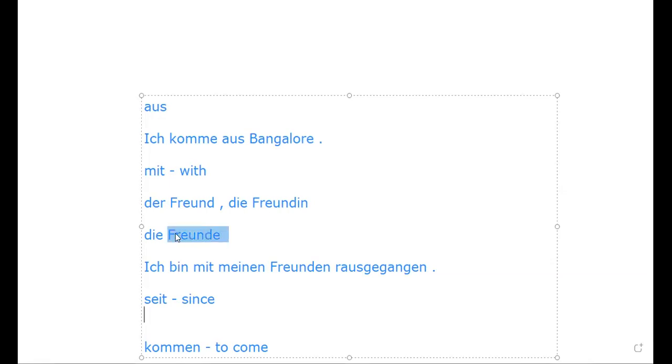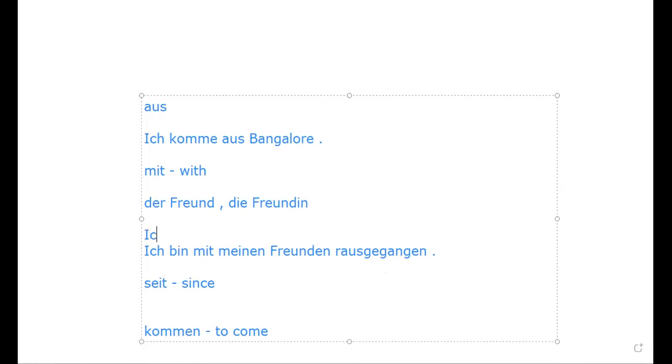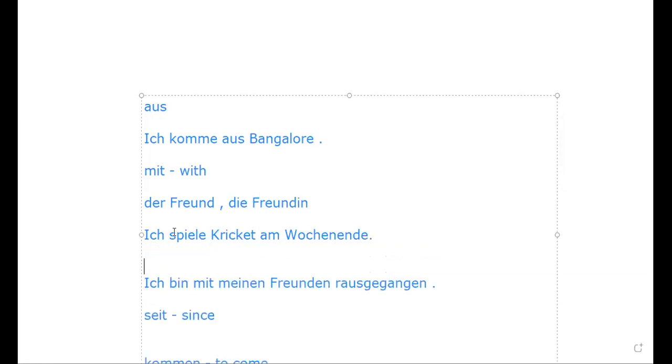Okay, see, I will try to show you. Ich spiele Cricket am Wochenende. Spielen means to play. Ich spiele Cricket am Wochenende means I play cricket in the weekends. Now, verb in second position, spielen means to play.